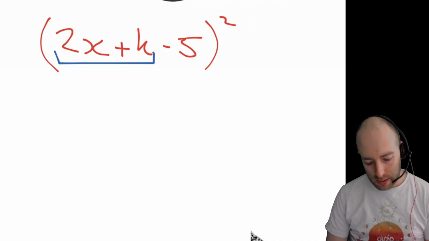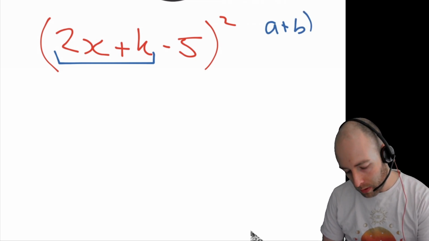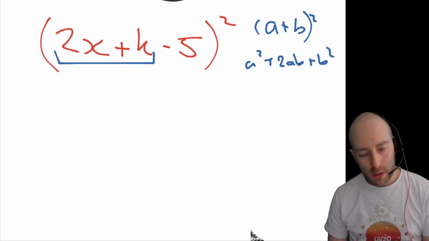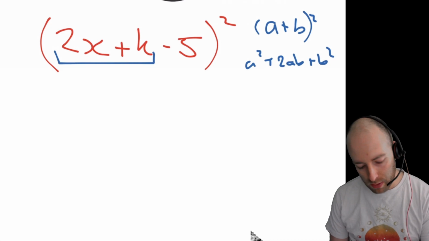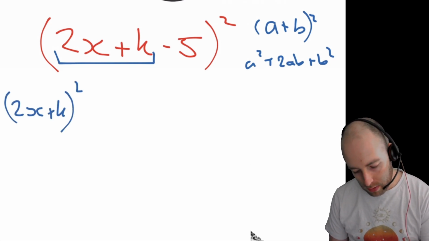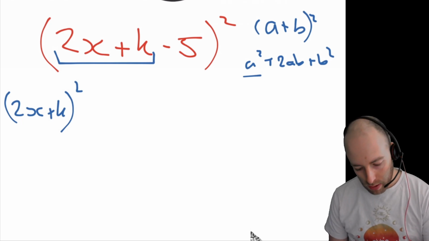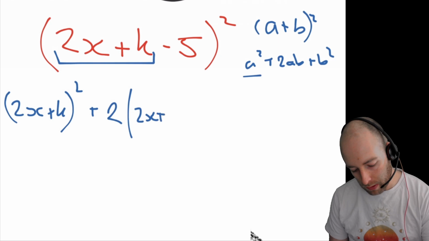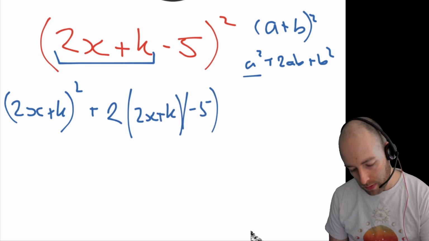With a quadratic, you've got (a + b), you get a squared plus 2ab plus b squared from the binomial expansion. So if I treat the whole first bit as my first term, we're going to get (2x + k) all squared, so that is just a squared, plus 2 lots of ab, well, it's going to be (2x + k) times 1 minus 5, then plus b squared, so plus 25.